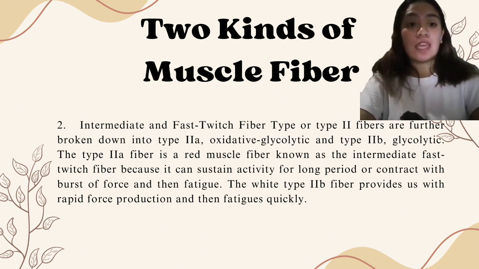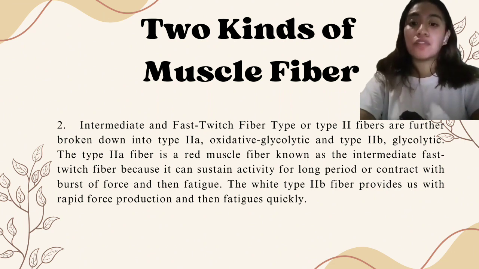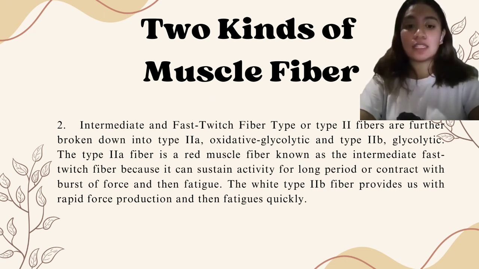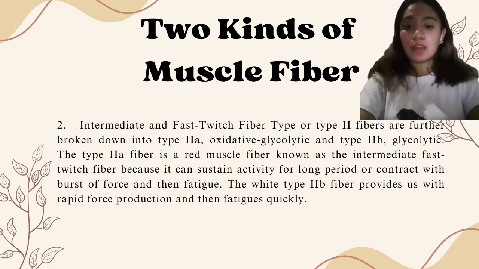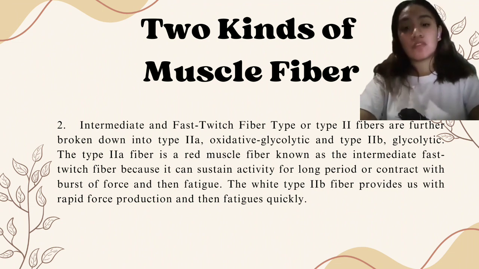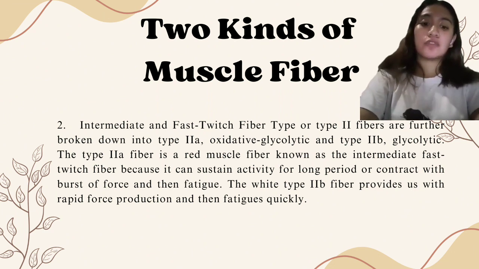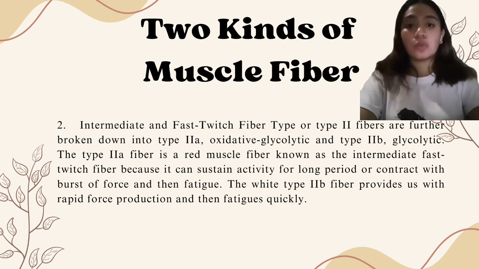The type 2A fiber is a red muscle fiber known as the intermediate fast twitch fiber because it can sustain activity for a long period of contraction with a burst of force and then fatigue. The white type 2B fiber provides muscles with rapid force production but fatigues quickly.